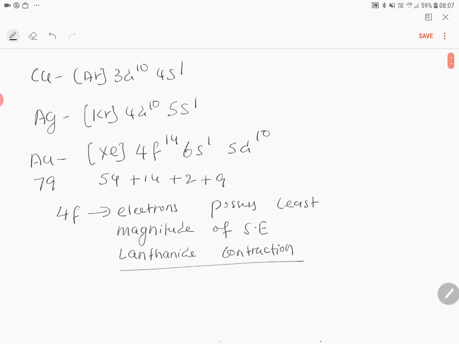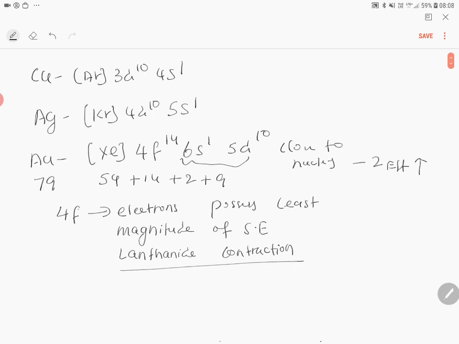Therefore, due to lanthanide contraction, these d block elements, we have discussed in the PU part very clearly, the atomic radius decreases, the valence electrons come close to the nucleus, and effective nuclear charge increases substantially.